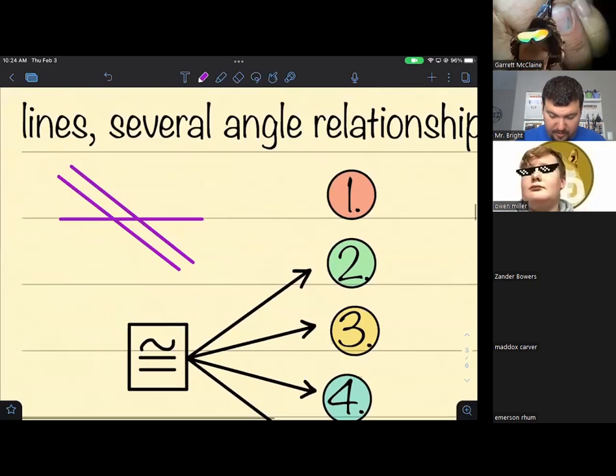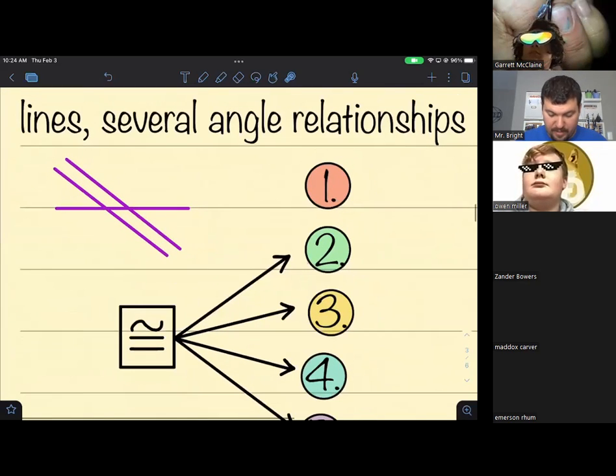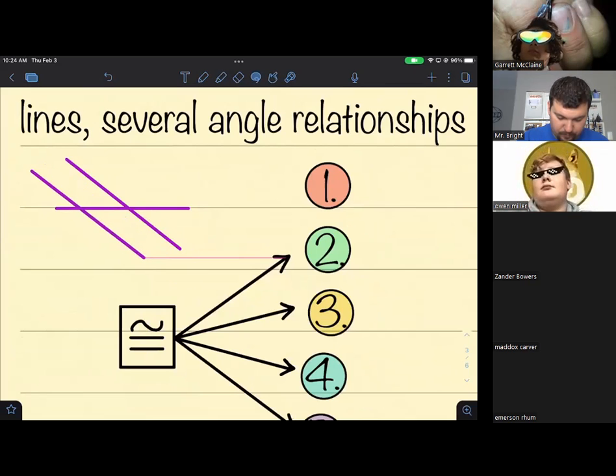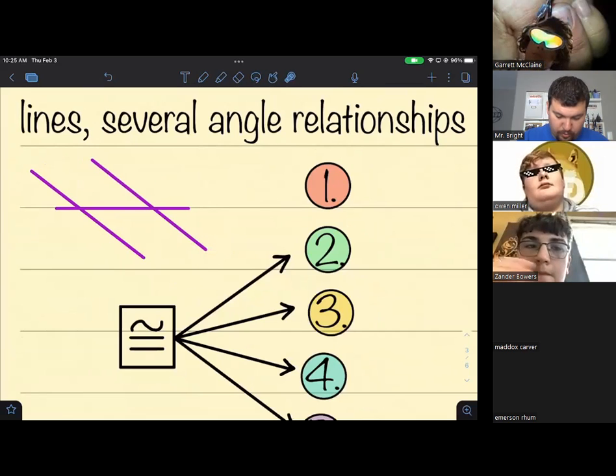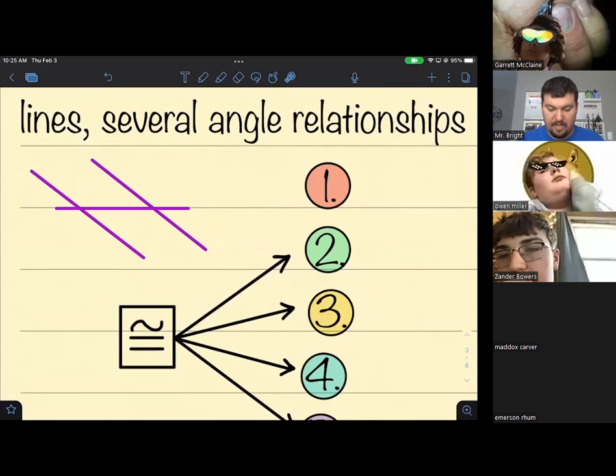So that's actually 8 different angles that are made. 1, 2, 3, 4, 5, 6, 7, and 8. I should have spaced this out a little bit more. Let's try that again. 1, 2, 3, 4, 5, 6, 7, 8. So there's 8 different angles.